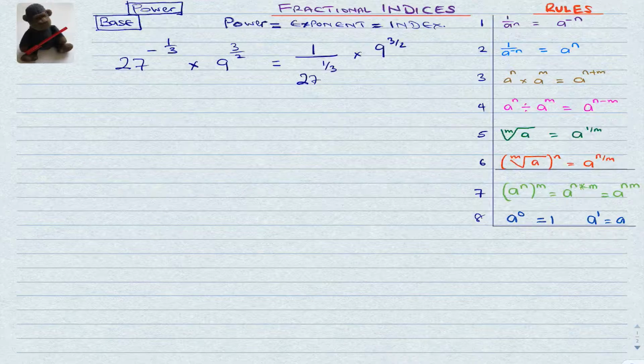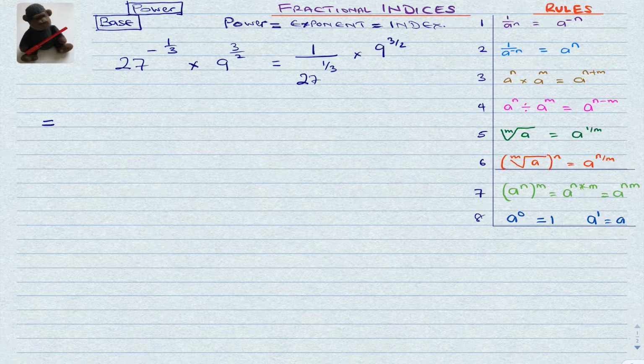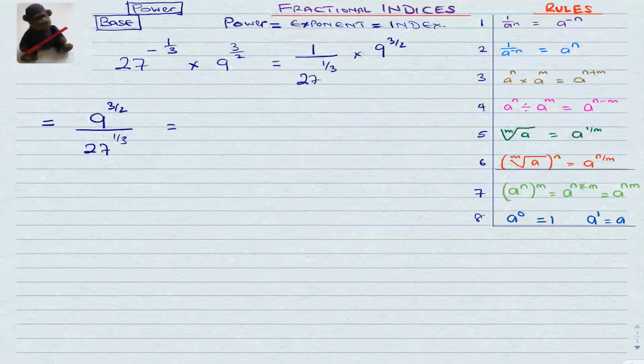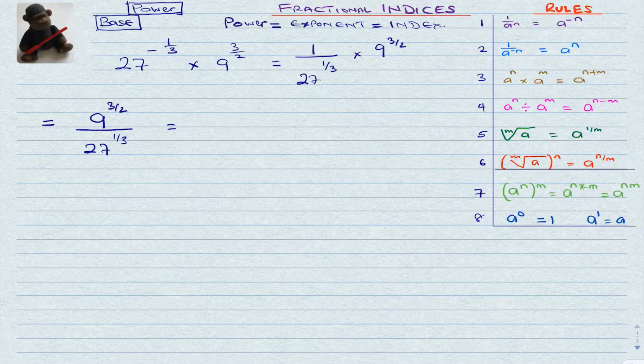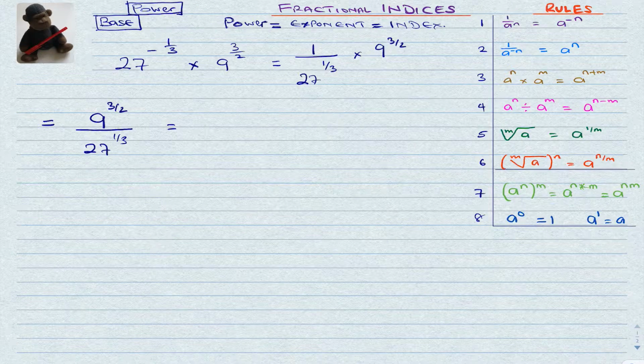So I'm going to write it on this side now to carry on, so I have more room. I'm going to write it properly as 9 to the power 3 over 2 divided by 27 to the power 1/3. So that's what we've got. Now, the denominator of the fraction in the power tells you that the number you're working with is actually 2 numbers you can multiply together.